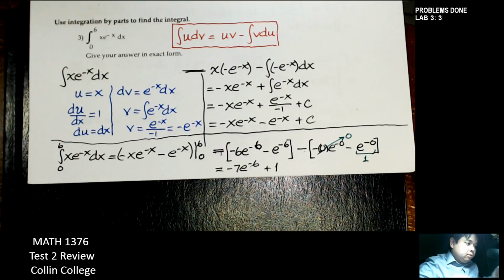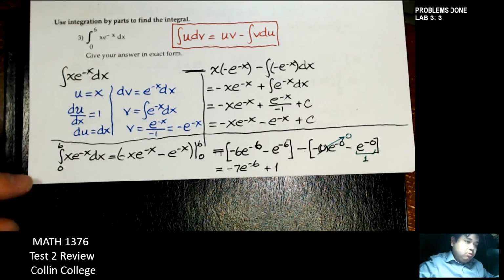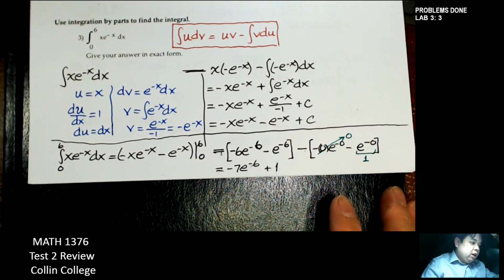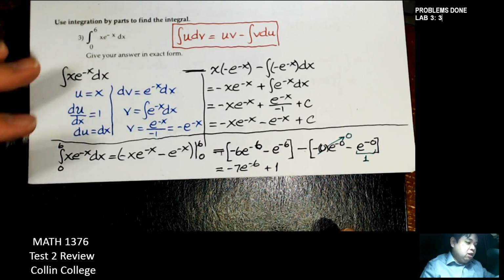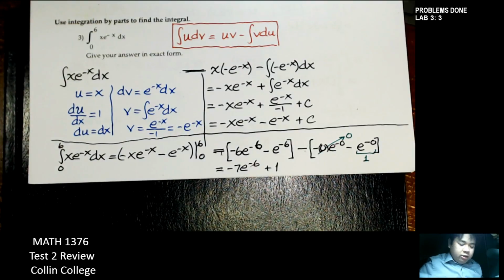Right. Since we're on this one, I just want to go back to number 1 on the same lab 3, just to do this integral with the table, because we have kind of a similar thing with exponential function and polynomial.